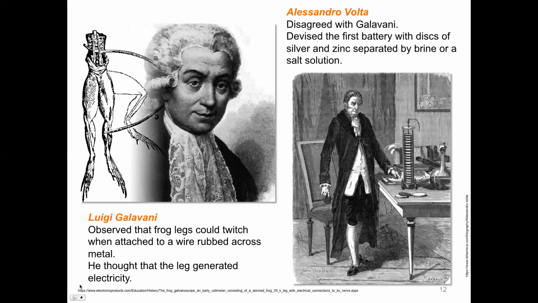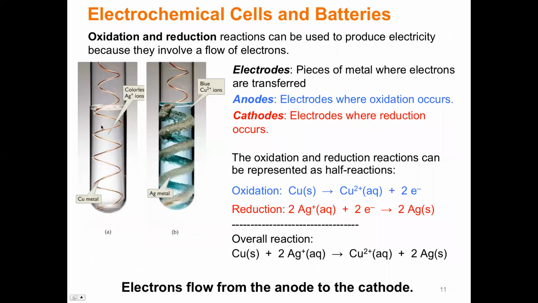Okay, so why he did this, I don't know, but he hypothesized that the leg was generating some sort of current. And if you know anything about physiology, you know that there's lots of electrolytes here. All right, so if you look back here, you've got these salts in solution, and if you remember, those carry a charge, and that's an electrolyte. We mentioned that earlier in the course, right?